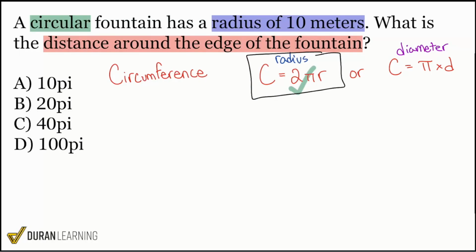So now that we know which is the right formula to use, given the information we have, we can make a good decision. We can plug the value into this formula. If you take a look at the answer choices, everybody, are we going to be replacing pi with 3.14, or are we going to leave it as is?